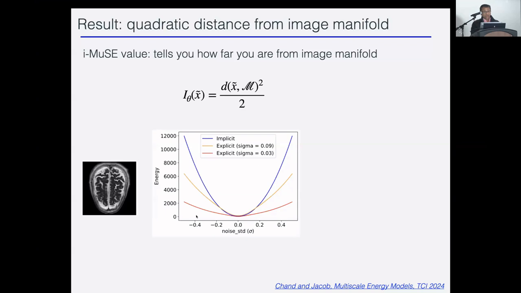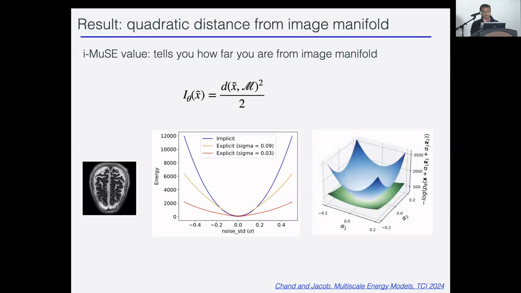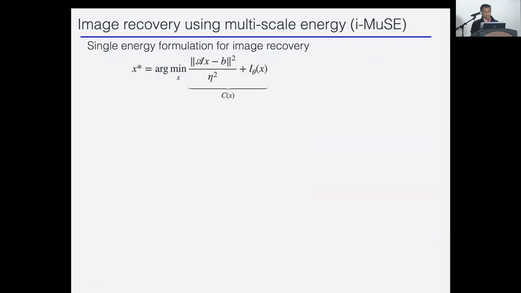You can see that as you increase the noise standard deviation, the energy value is a quadratic function of how far you are from the manifold. You can consider two independent realizations of noise, or multiple independent realizations, and vary the scale, and you see that it's a very well-defined quadratic function of how far you are from the original image. So you get a very well-defined cost, and this means that you get very fast convergence.